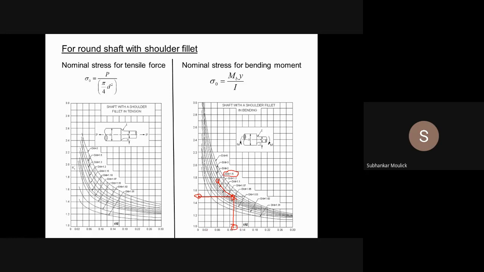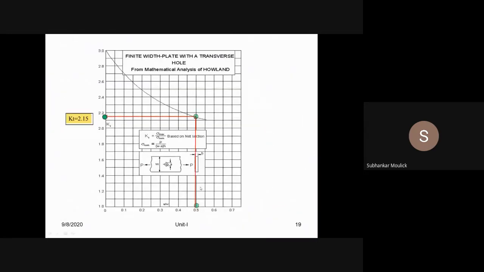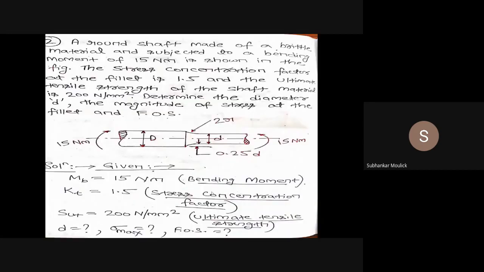Will I get it or not? Yes, sir. This will be small r by d, and it is coming near about 0.11.